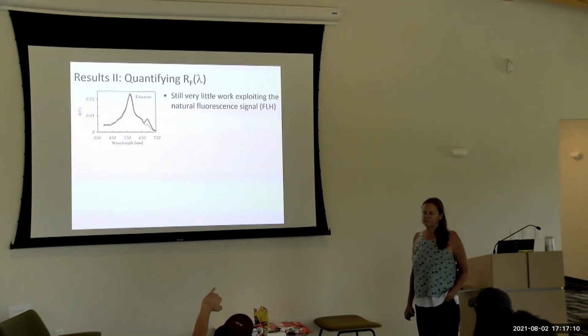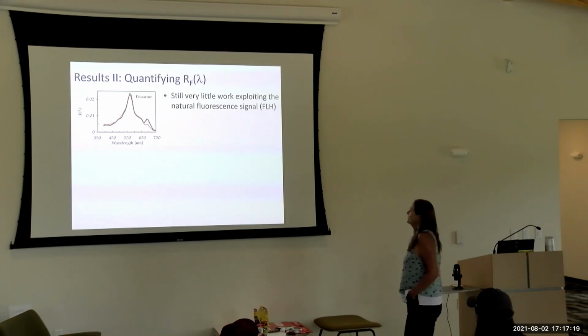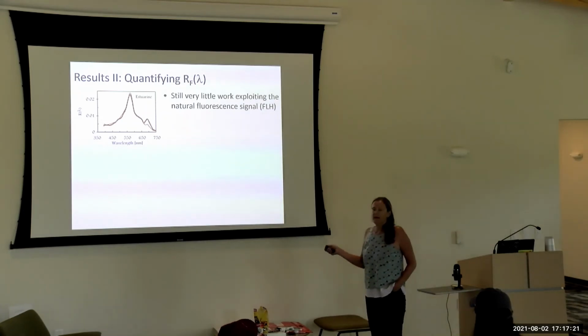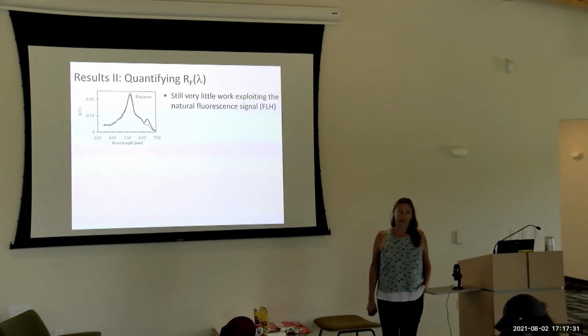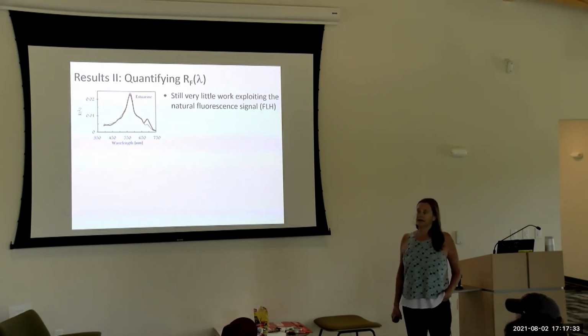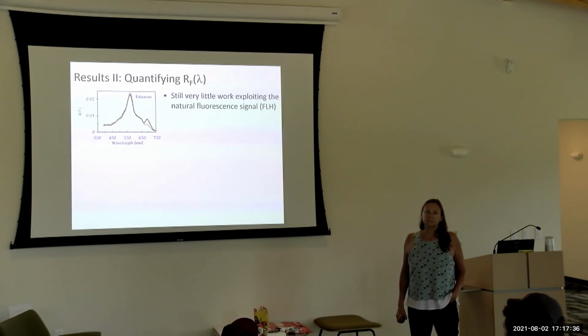I was surprised that the model which didn't include fluorescence was showing some fluorescence. It has a peak. So the question is, what the heck? What is this feature? This model only has absorption and backscattering, and it doesn't have any spectral features in the backscattering. What are we looking at?